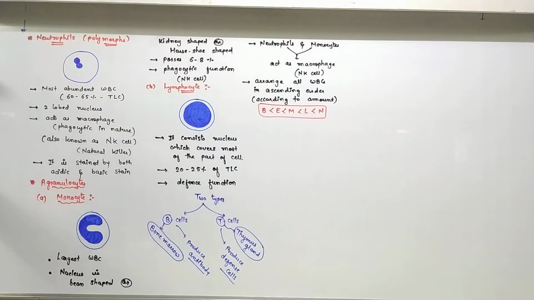Very less proportion is basophil, second eosinophils, third monocytes, fourth lymphocytes, and abundant amount is neutrophils.